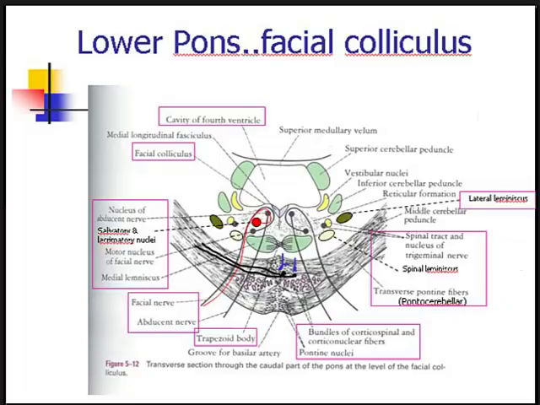Now, in the cerebellar tracts, we don't have the posterior spinocerebellar because that went off through the inferior cerebellar peduncle, but we'll still have the anterior spinocerebellar.